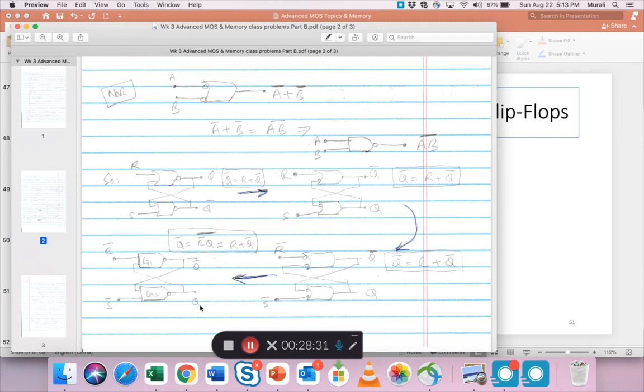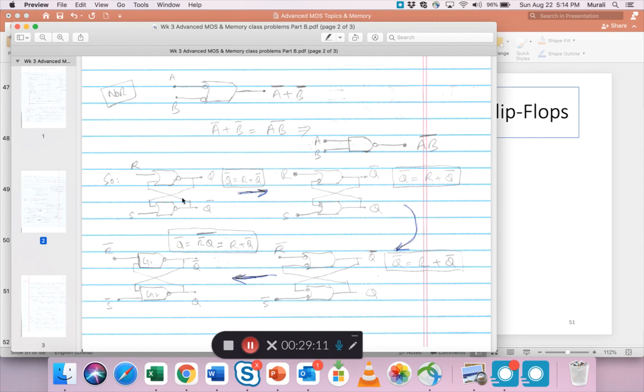Now you'll notice that the output Q bar is R bar times Q, which can also be written as R plus Q bar, by this law. So again we have this Q output equals the same as we had for the NOR. So you can say that this NAND gate version of the flip-flop is exactly the same as the NOR gate version of the flip-flop.